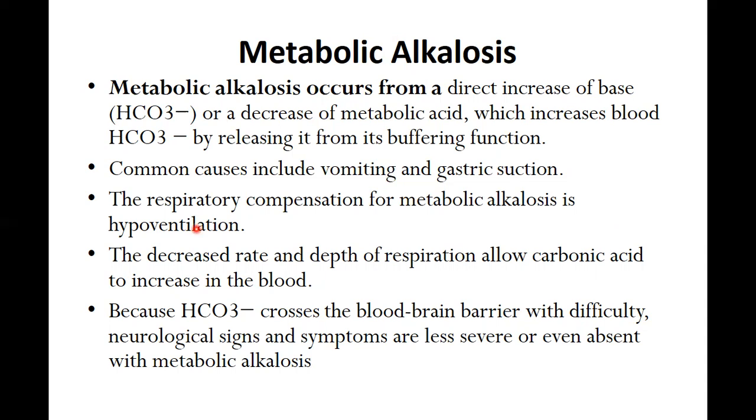If possible, we can even ventilate the patient using a vent. So the decreased rate and depth of respiration allow carbonic acid to increase in the body. That is, if you want to reduce the levels of metabolic acidosis, decrease the rate and depth of respirations. That will allow carbonic acid to accumulate in the body and buffer this particular acidosis, okay?